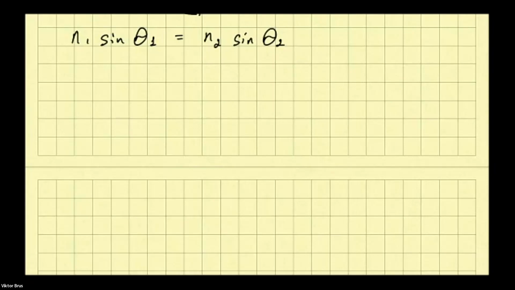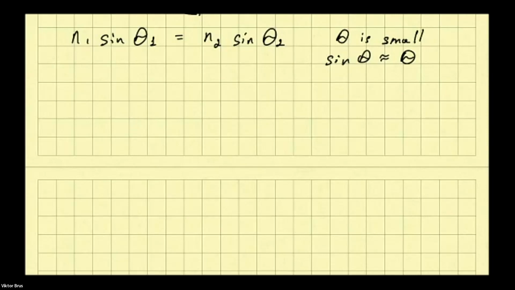So if we have a very small angle theta 1, automatically theta 2 will also be a small angle. In this case, we can consider some approximation, because if theta is small, then sine theta with certain accuracy can be replaced by just theta.